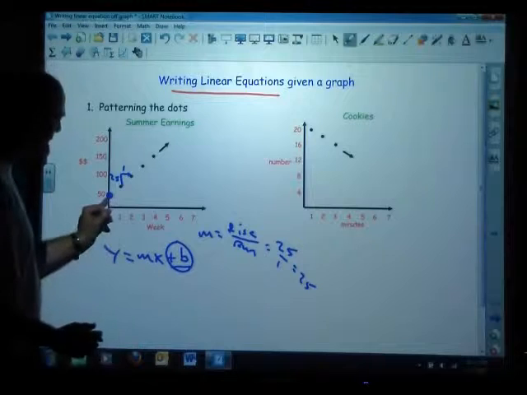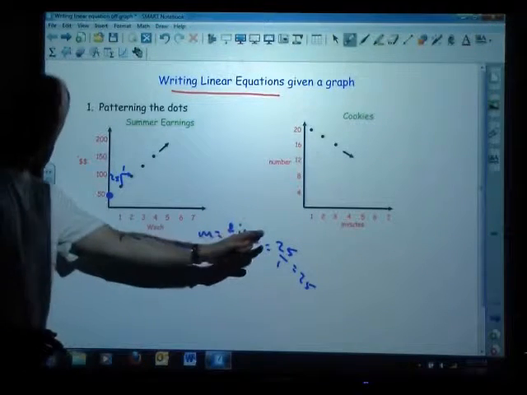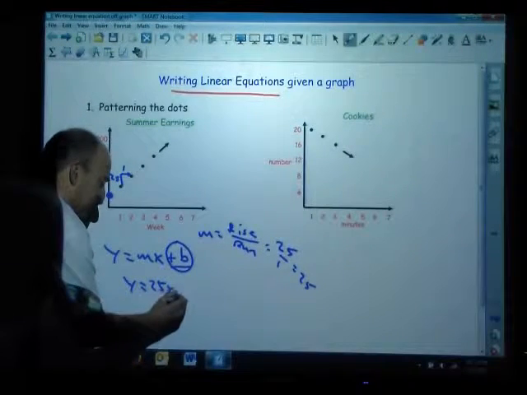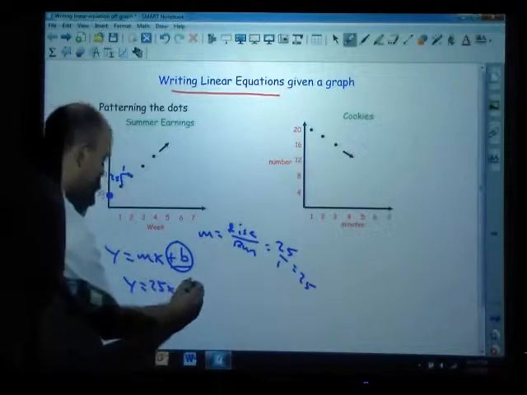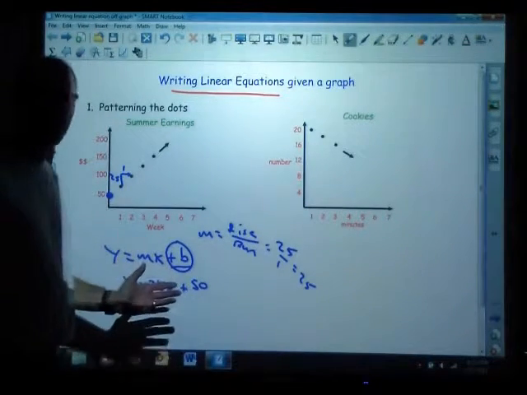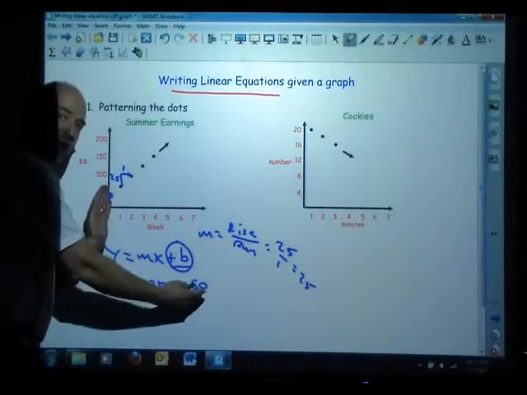So the y-intercept point would be $50. The slope is $25. So the equation would be y equals 25x plus 50. That's a visual way of seeing the slope and seeing that the y-intercept would in fact be 50.